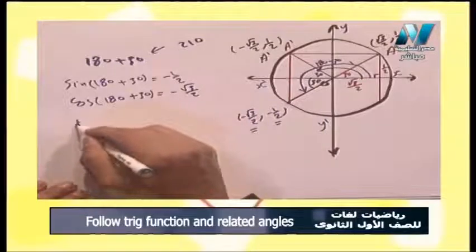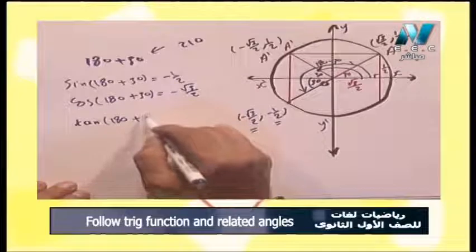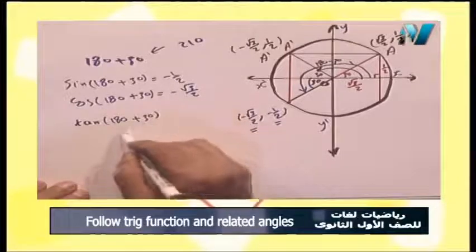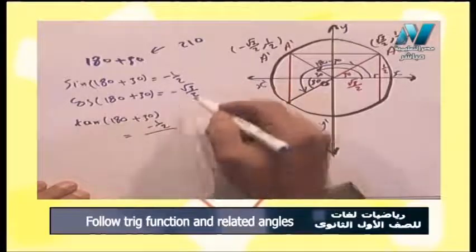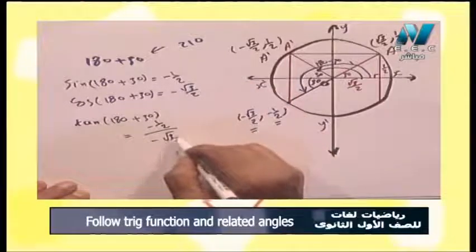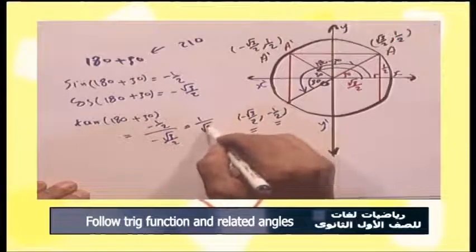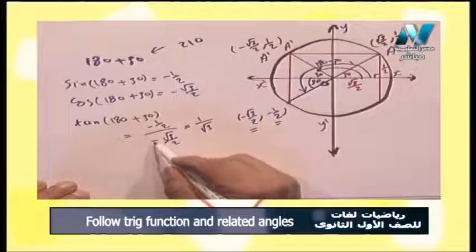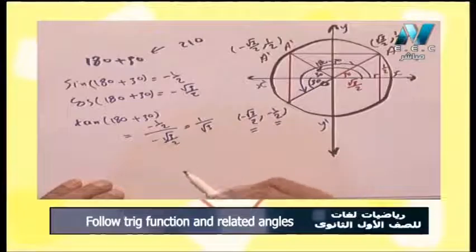And of course tan 180 plus 30 will be sine over cosine, which equals negative half over negative root 3 over 2. So the answer will be 1 over root 3, and it's positive because negative divided by negative equals positive. So concentrate with me.